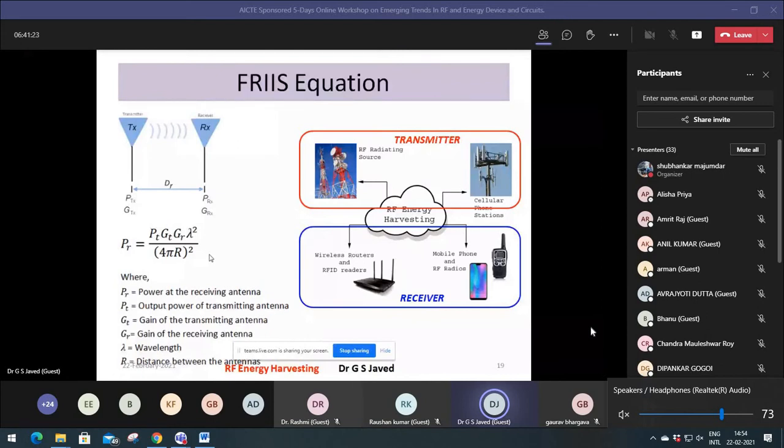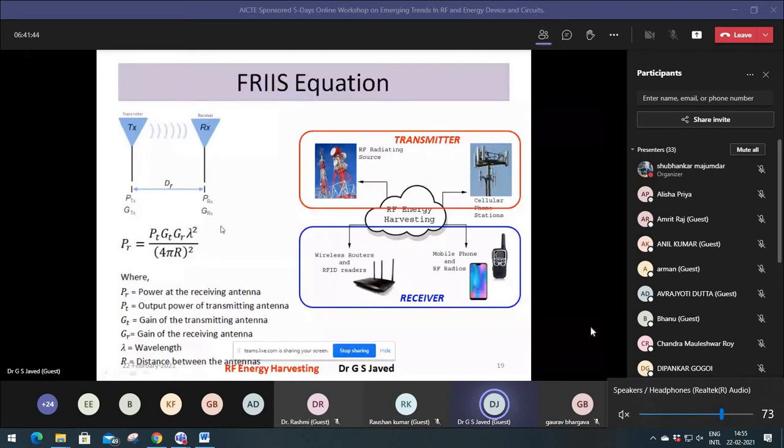On the left hand side, you will see there is a transmitter and a receiver separated by a distance dr. The power transmitted is PTX and the power received is PRX. And the gain factors of the TX and the RX antennas are given as GTX and GRX.